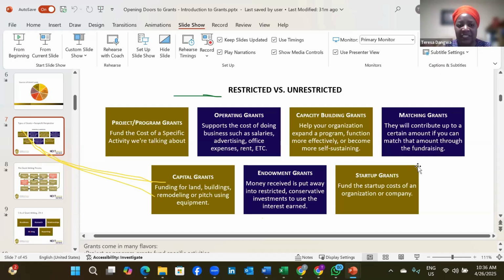If you meet the eligibility criteria, you can apply to get some of that money. And then startup grants fund startup costs. These usually come from an organization or company, for when you want to start an organization or a company.